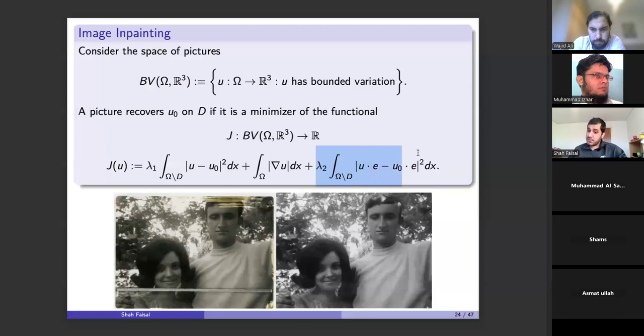And depending on how good you want the recovered picture to be, there are some other integrals you need to look at. Okay. And so if you find a minimizer for this functional and you plot it, it will give you a picture which is the same on the complement, but recovers information like something like this.